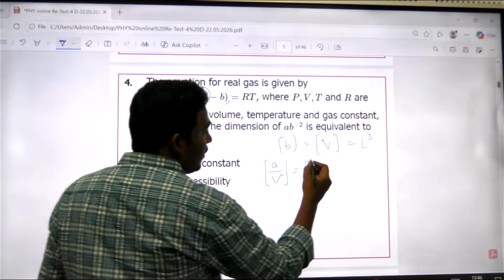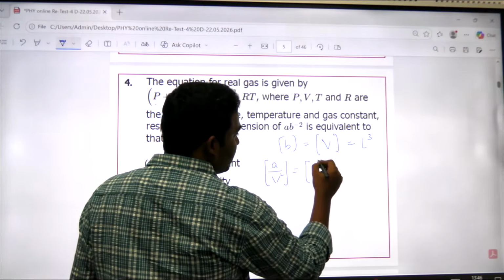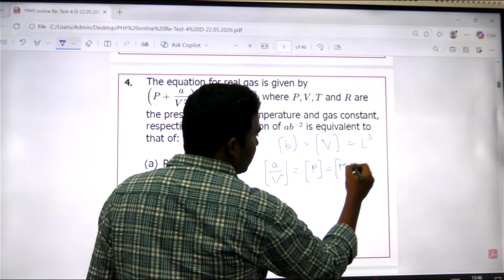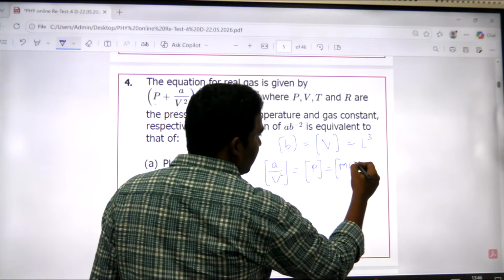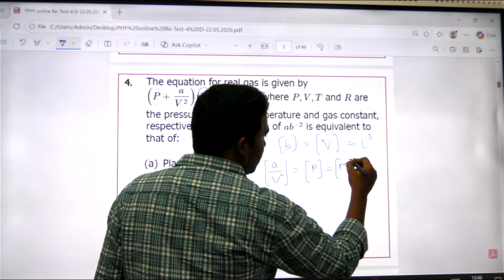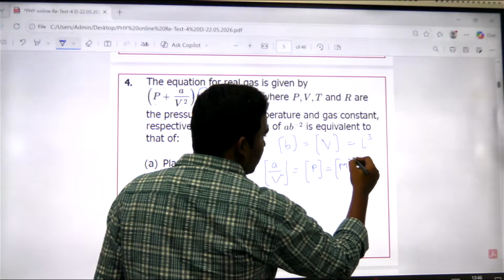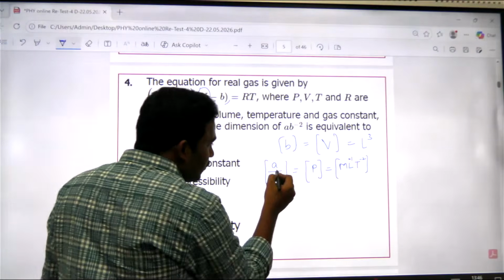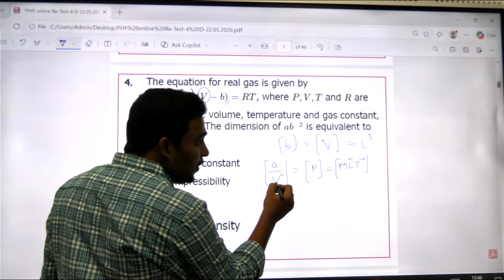What is pressure? Pressure is force per unit area, which is M L^-1 T^-2. This is pressure. So what is volume? Volume is L cube.